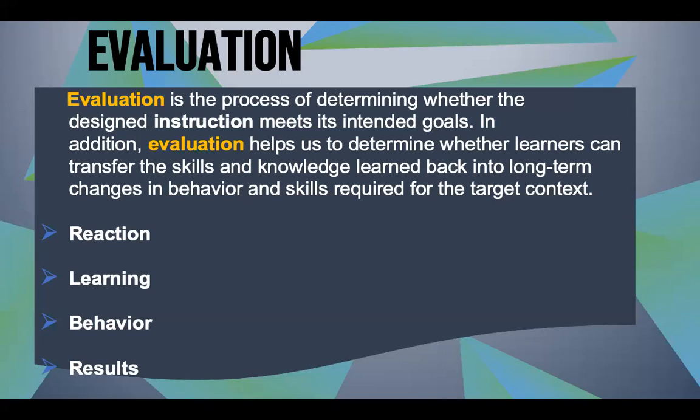The evaluation covers reactions, learning, behavior, and results. These are the different components which help you evaluate what you implemented and what the results are. So evaluation is the last part of the instructional design phase, which helps us know whether all the interconnected procedures were successfully implemented or not.